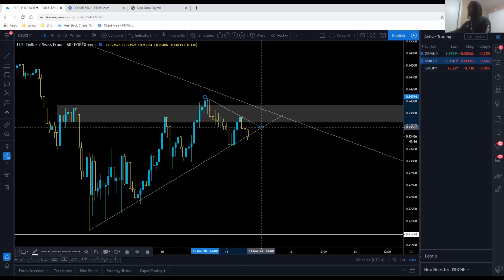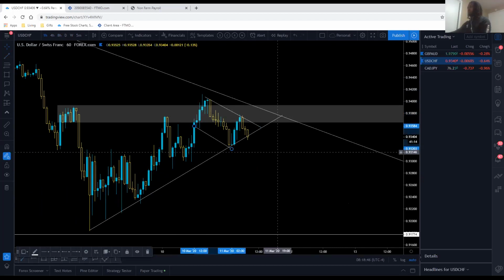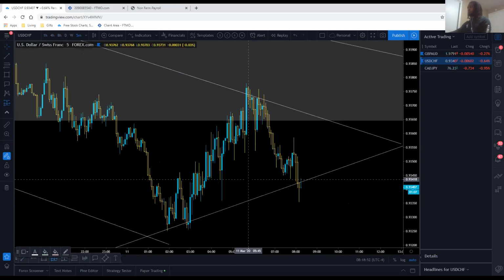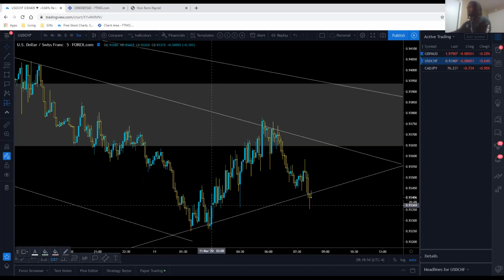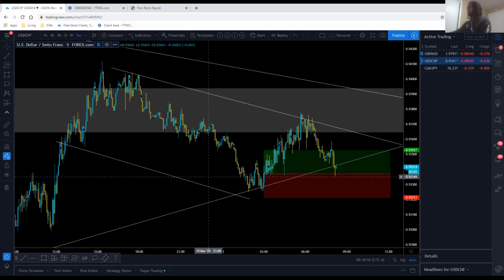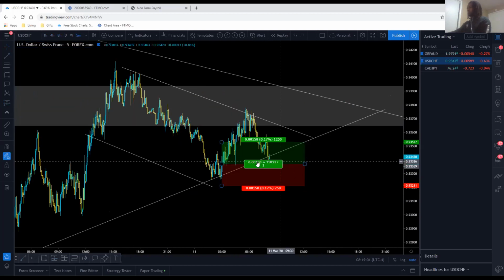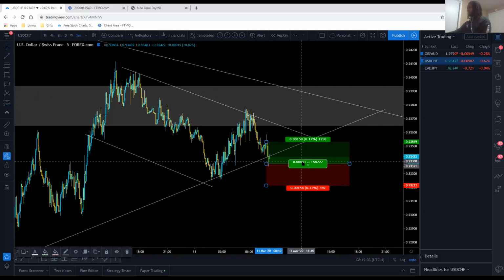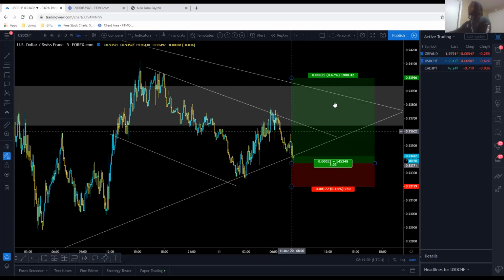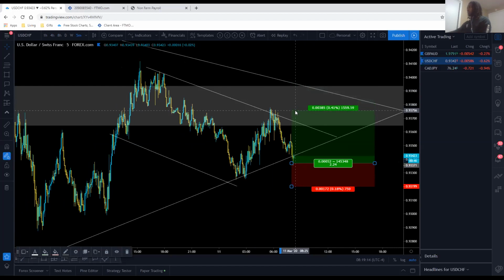If it doesn't happen, it hits our SL, and we look for the next move. And we're right at that area, so even if you missed it, you're pretty much at the exact same spot if you entered right now. I think I wanted you guys to go for a 2-to-1.